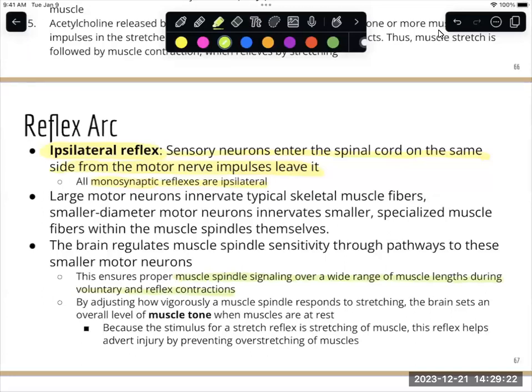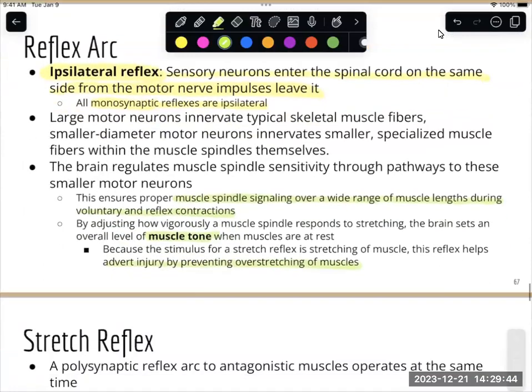It can adjust how vigorously a muscle spindle will respond to a stretch, and that is setting that muscle tone. So this reflex helps prevent injury by overstretching the muscles. That is what these muscle spindles are trying to do.